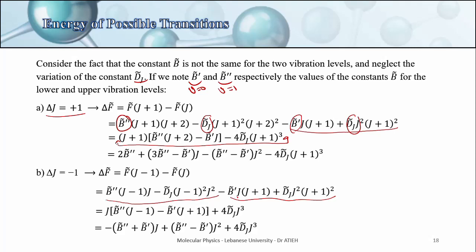In level 0, the rotational constant is B prime, and in level 1, the rotational constant is B double prime. Arrange, you will get this, and you can rearrange again to get this shape if you want to expand it in terms of powers of J.